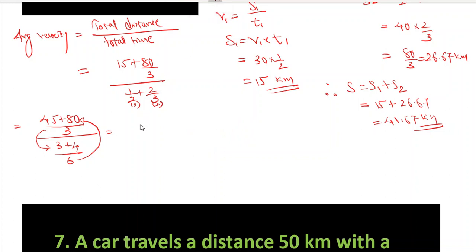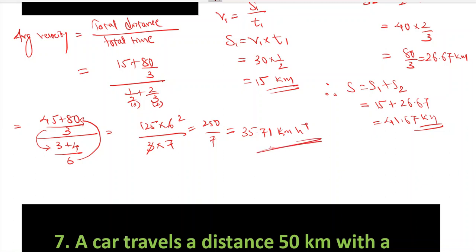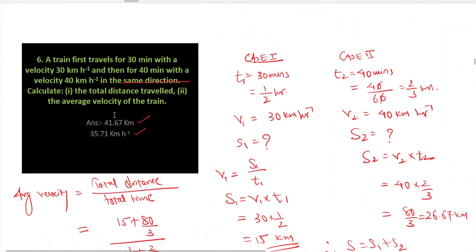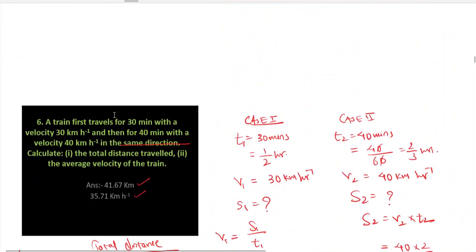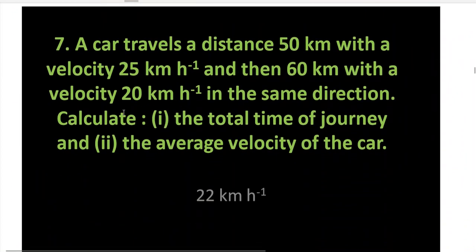Okay, so we'll be getting 125 multiplied by 6 upon 3 multiplied by 7. So it's 250 by 7, which is 250 divided by 7, 35.71 kilometer per hour. Right, so that is your question number 6.